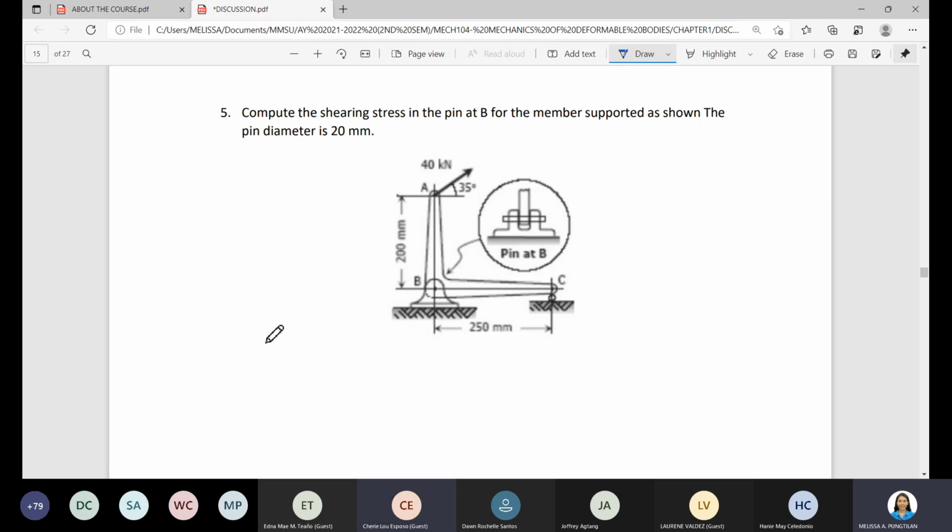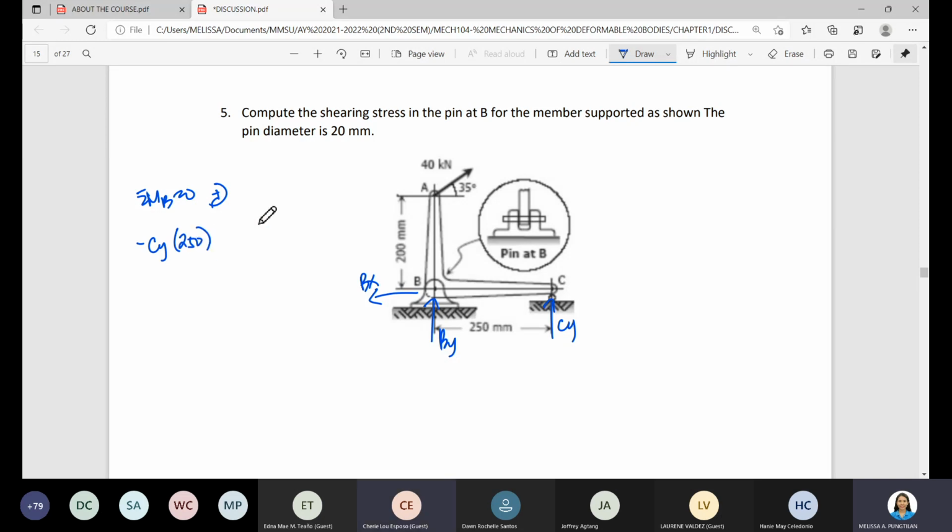Before we proceed, let's first solve for the forces or the reactions at each support. So, this is a hinge. We have here BY, and this one, we have BX. And then here we have CY. Taking the summation of moment at B equal to 0, clockwise positive, we have negative CY, moment arm is 250.